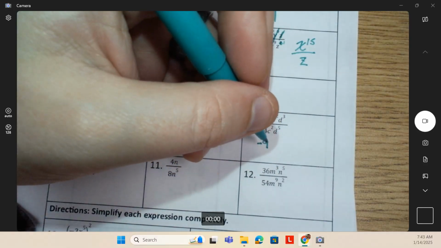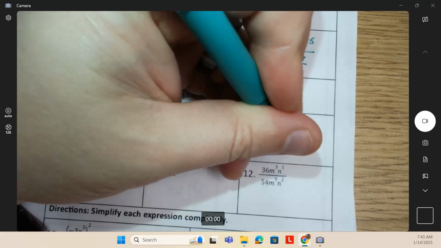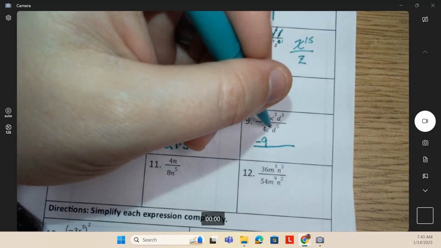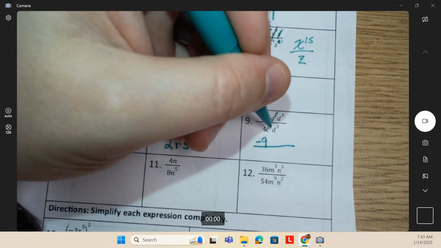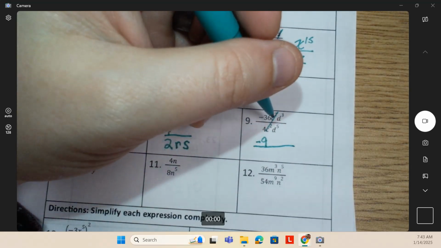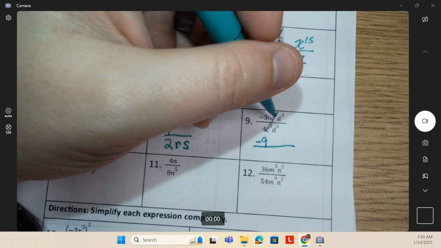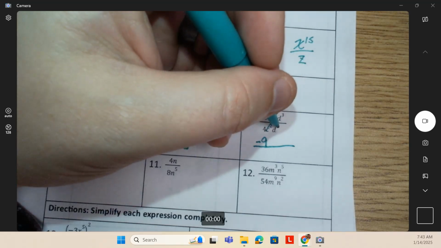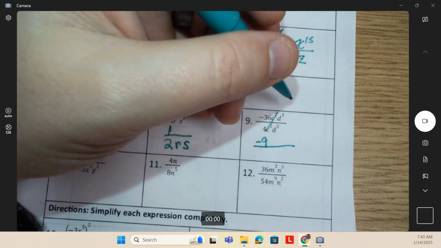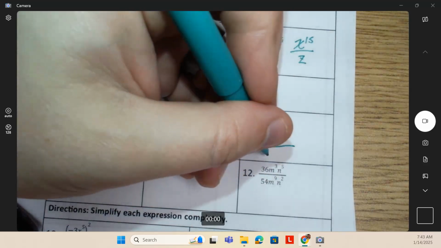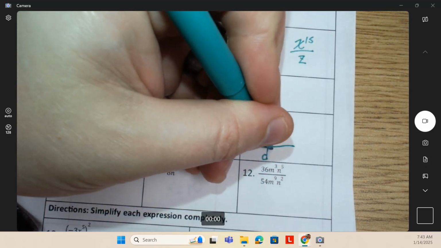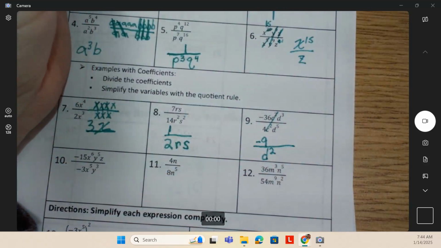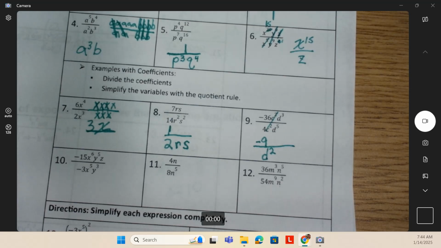That's on the top. And then c squared and c squared, those cancel each other out, become a 1. And then d to the third, d to the fifth. Looks like if I do 5 minus 3, I'd have d squared left on the bottom. So negative 9 over d squared.